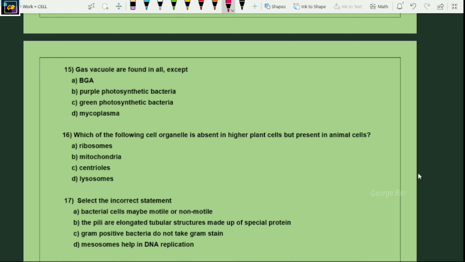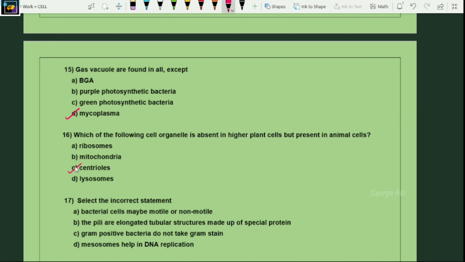It is observed in blue-green algae, purple and green photosynthetic bacteria, not in mycoplasma. Which of the following cell organelles is absent in higher plant cells but present in animal cells? This is also from the overview which we have discussed. The non-membrane bound cell organelle absent in plants but present in animal cells is centriole.